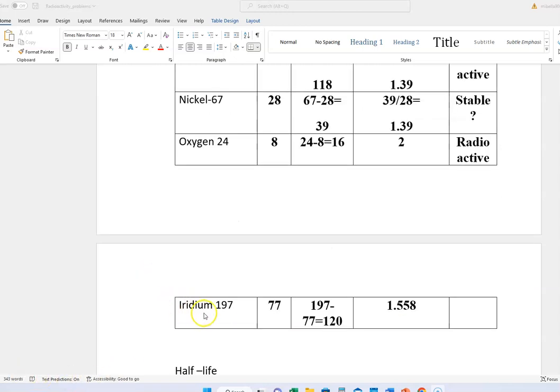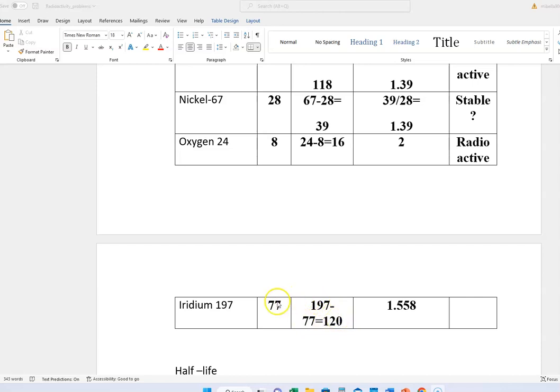All right, so we look up iridium 197. Well, we just look up iridium. We find that it's element 77. So to get the number of neutrons, this isotope is iridium 197, so 197 minus 77 is 120 neutrons.